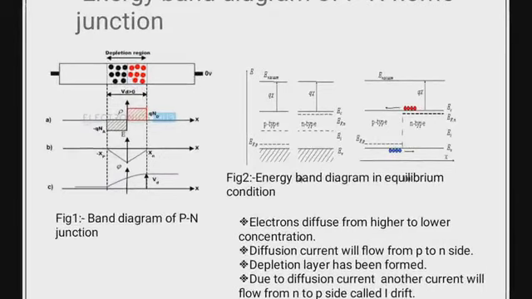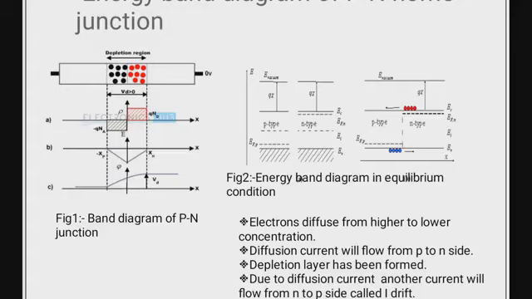Here we have seen, in case of the n-type bead, due to the migration of electrons from the n to p side, they leave some immobile ions, which are positive immobile ions, across the p-n junction. Similarly, in case of the p-type bead, due to the migration of holes from the p to n side, they leave negative immobile ions across the p-n junction.